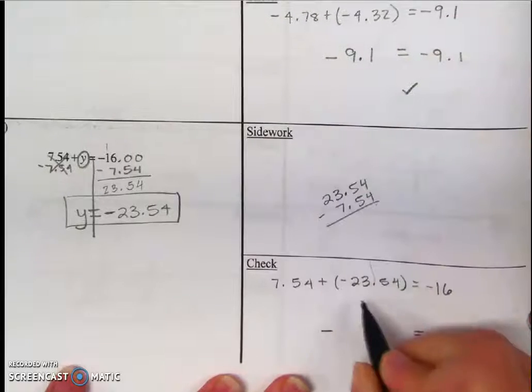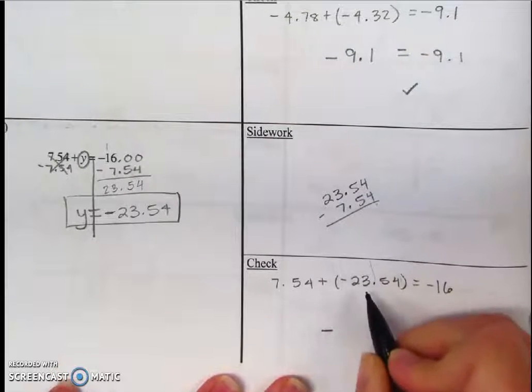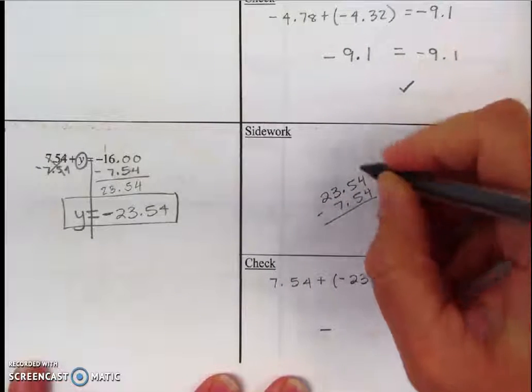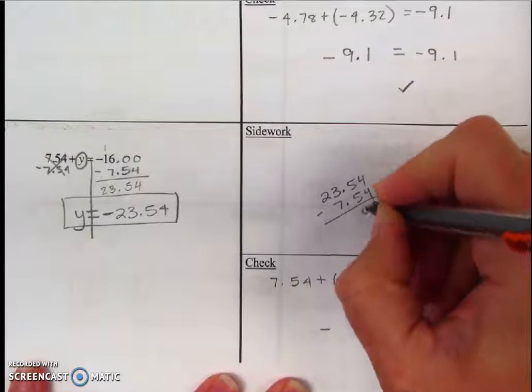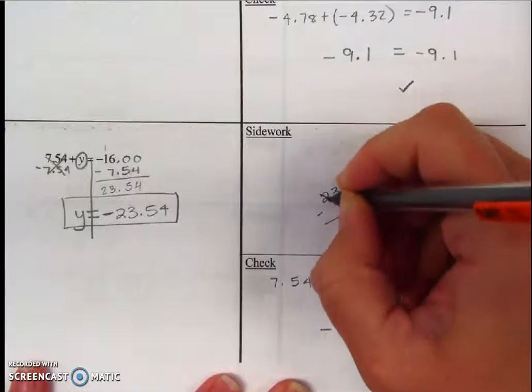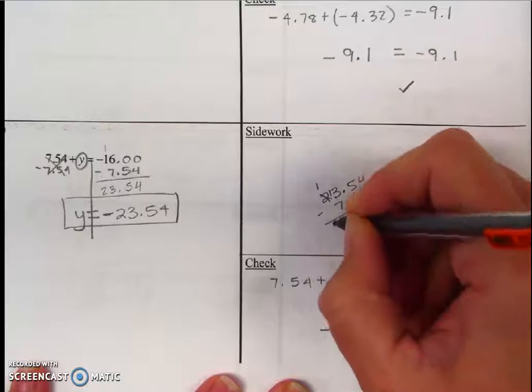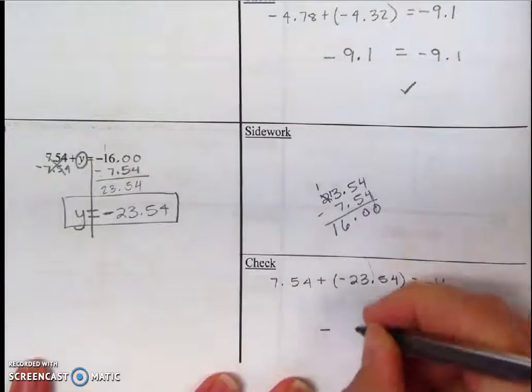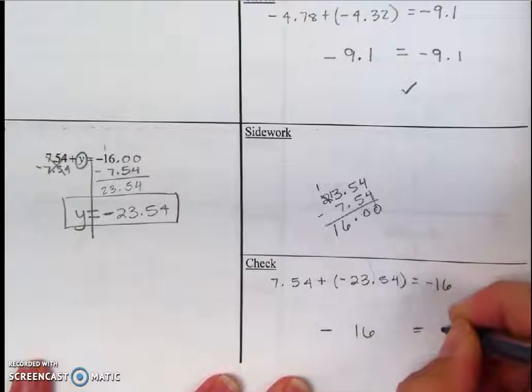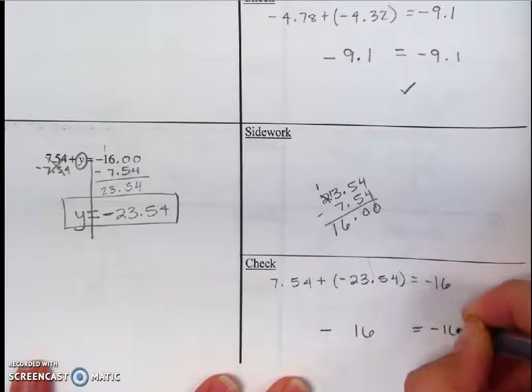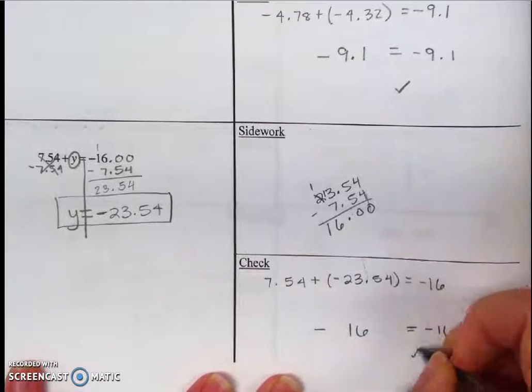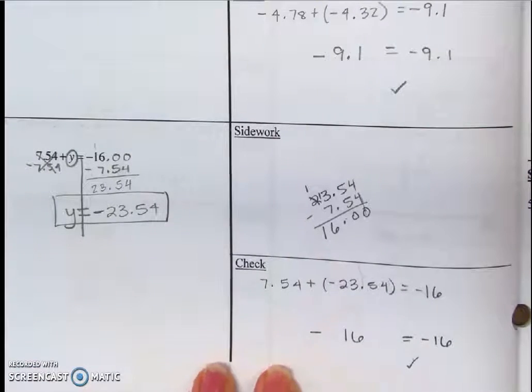I wrote the 23 first because I had more of this one, so I'm going to write that one up top. 4 minus 4 is 0. 5 minus 5 is 0. Bring down the decimal. Here I need to borrow. 13 take away 7 is 6, and then bring down the 1. So I would have negative 16.00, which I can write as negative 16, and that does come out to negative 16. So I know my answer is correct.